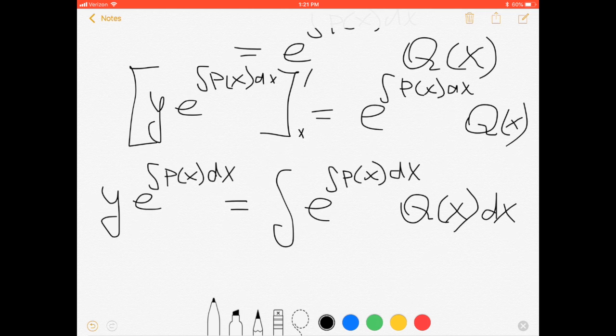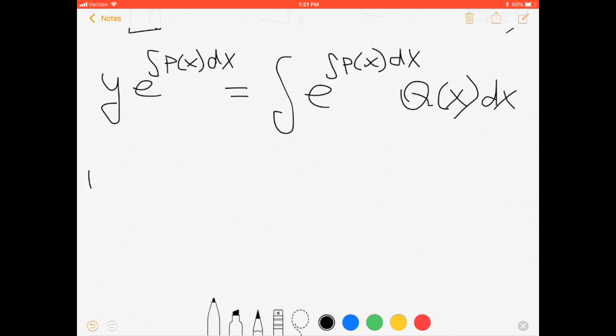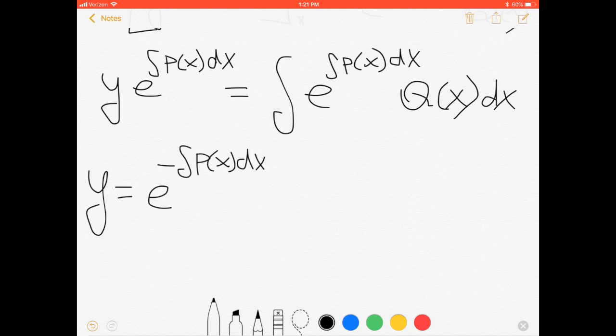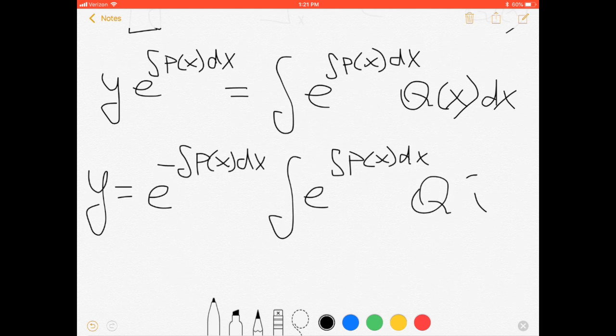Okay, and the final answer: y will be e to the minus integral p(x) dx times integral e to the integral p(x) dx q(x) dx.